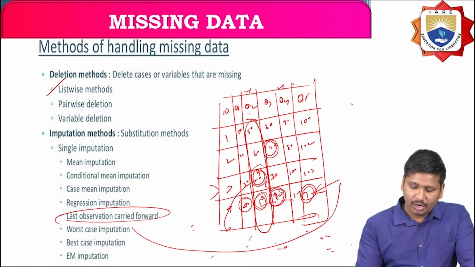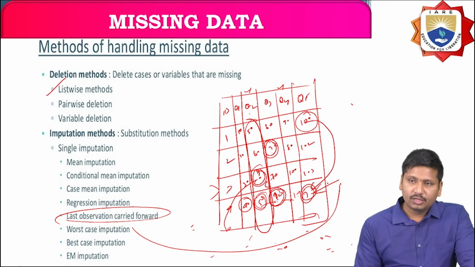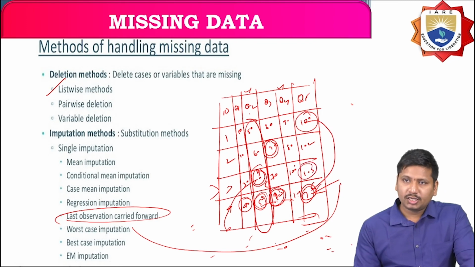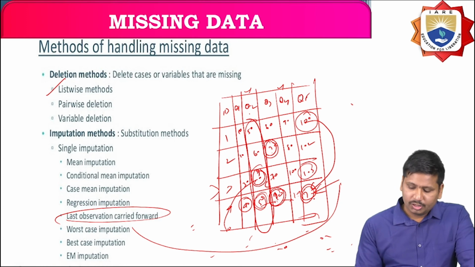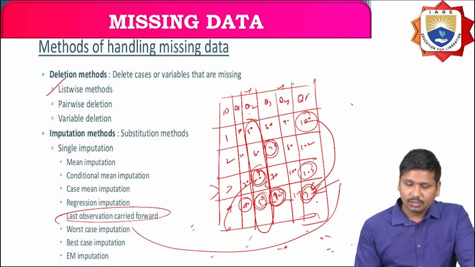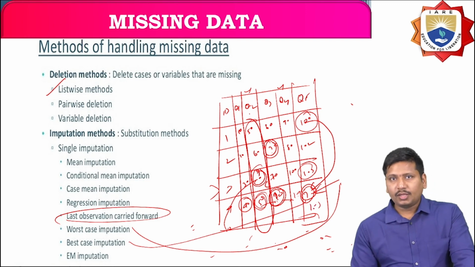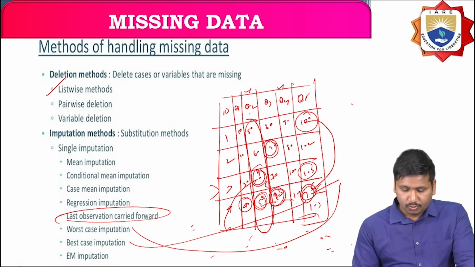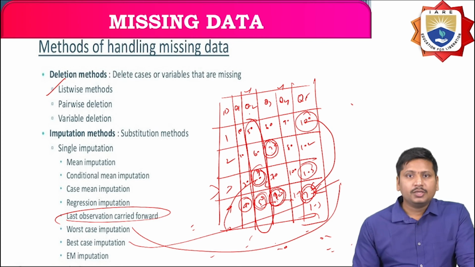So what is the least value? 100. So I can fill with the least value. Similarly, if 103 is taken as the best case, I can fill the missing data with the best case, 103. Like this, I can handle the missing data through worst case and best case.